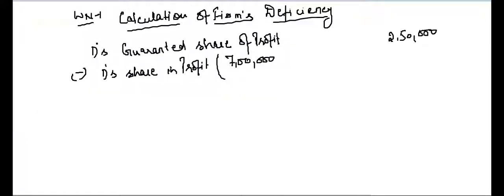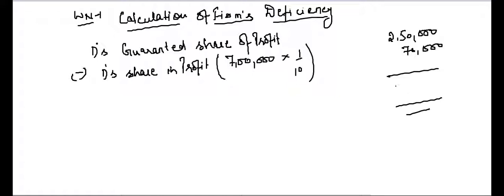So the profits left are 7 lakh and D's share is 1/10. So D's actual share comes to only 70,000 while he has been guaranteed a minimum of 2,50,000. So the deficiency of 1,80,000 will be borne by the remaining partners, that is A, B and C, in which ratio? 4:3:2.